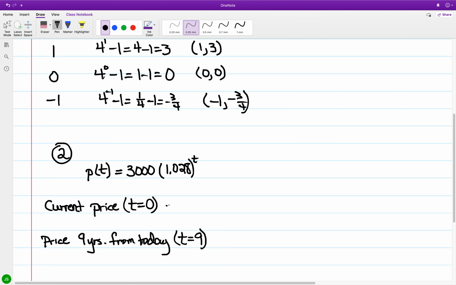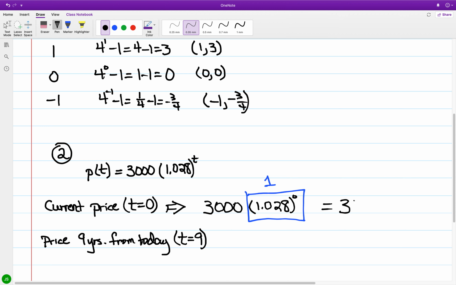So the current price we have whenever t is equal to 0, so you have 3,000 times 1.028 to the 0, and a non-zero number raised to the 0 power is going to be equal to 1. And so for the current price, that is going to be $3,000.